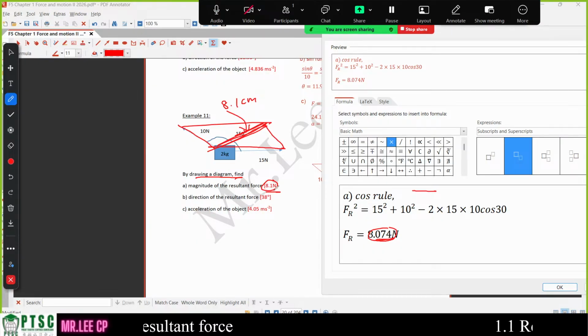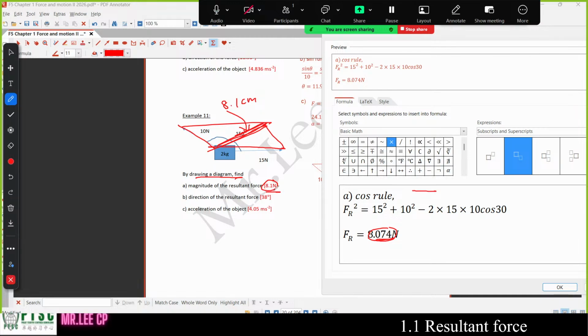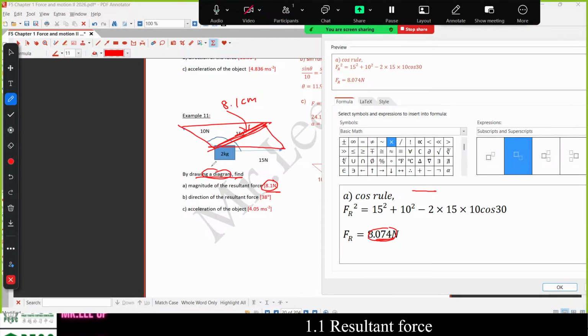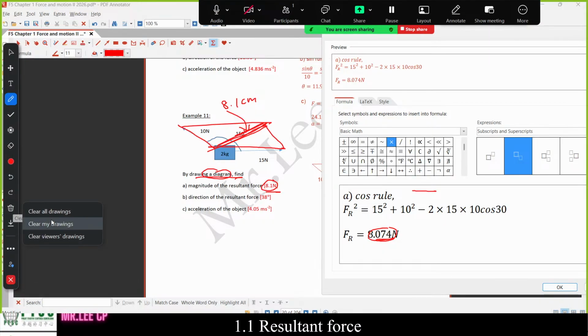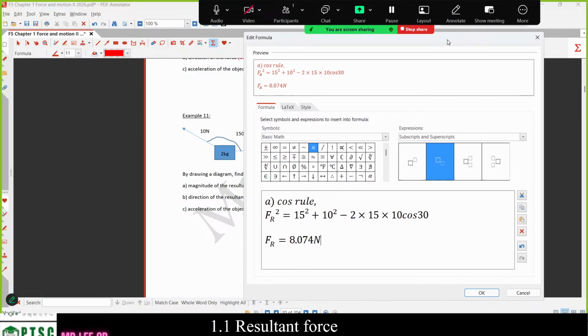You cannot measure 0.074, but by calculation you can. They never ask you to answer using either calculation or drawing and measuring, so you can use calculation.